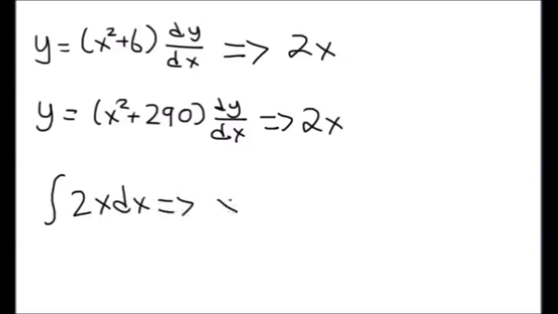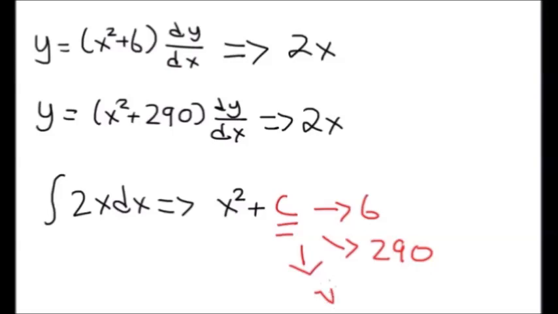If you integrate y equals 2x, you get y equals x squared plus any constant, which is why we add the plus c. Integration of y equals 2x can be y equals x squared plus 6 or y equals x squared plus 290. So the c accounts for the inaccuracy of the memoryless characteristic of integration.